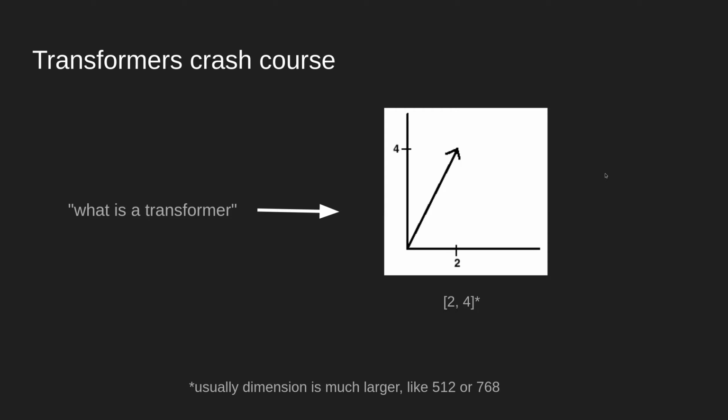What you need to know for the purposes of this project is that transformers are a machine learning model that takes as an input a string of text and outputs a vector. In this case, I have the text "what is a transformer," and it outputs the vector 2, 4. In reality, the dimension is much larger than 2, hundreds of dimensions, but obviously that's pretty hard to visualize.